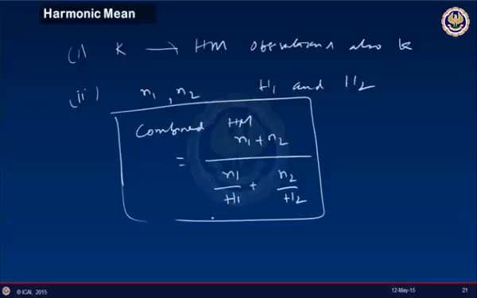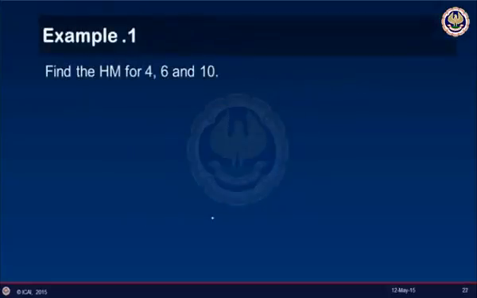Now let us look at an example of how we can solve for harmonic mean in the next slide. Given the example of 4, 6 and 10, how can we solve? HM is n by 1 by x1 plus 1 by x2 plus 1 by x3.